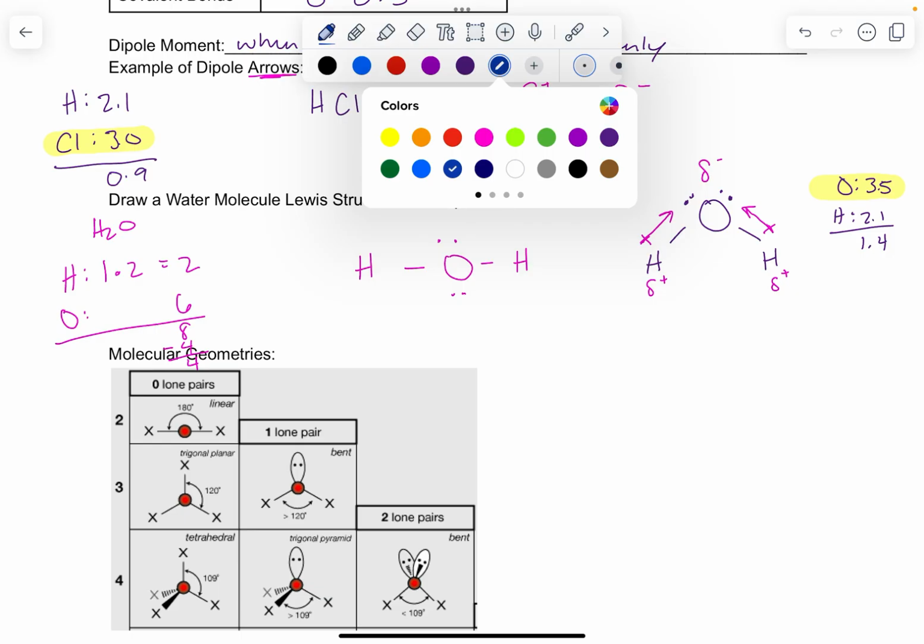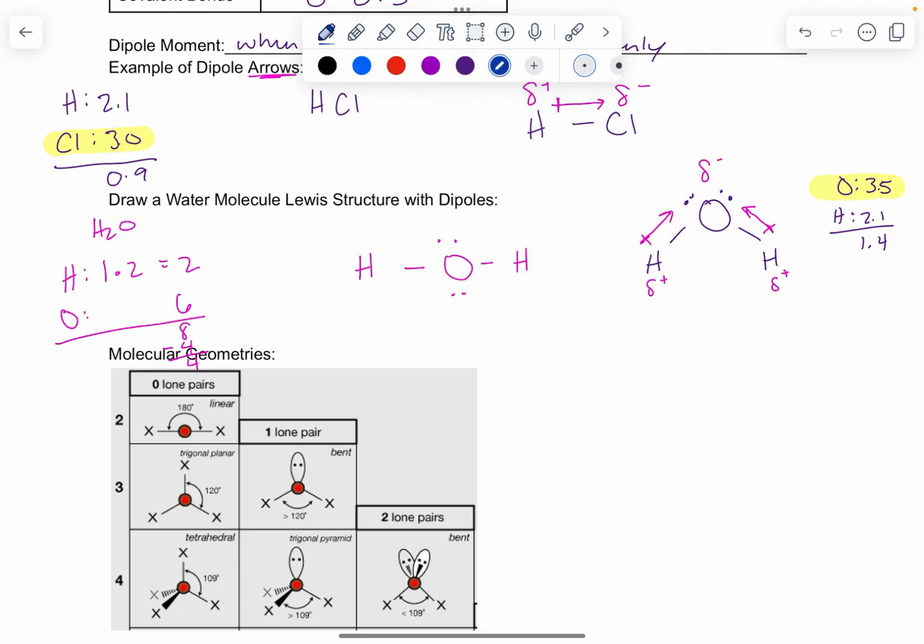Okay. Now we're going to add a couple more pieces to this. I don't think this is complicated, but I do want you guys to just have a full understanding. So let's add a little note right down here, okay? When arrows point towards one element, it's constructive.